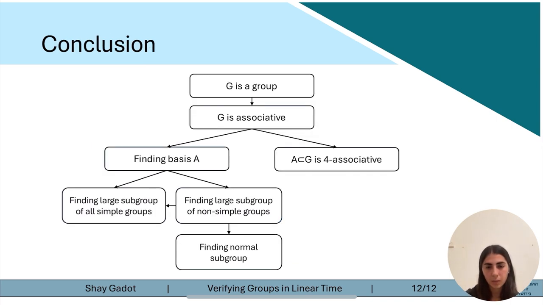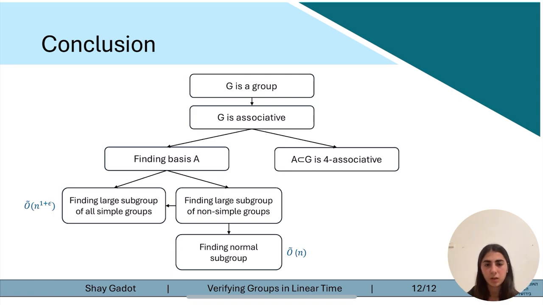So to sum it up, we get here the reduction diagram, and we can now build from the bottom up the efficiency of our algorithm. So finding large subgroups of all simple groups costs us O tilde of n to the 1 plus epsilon.